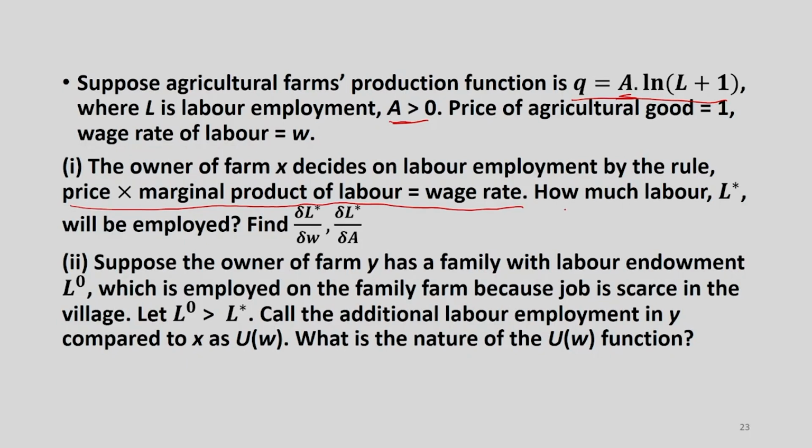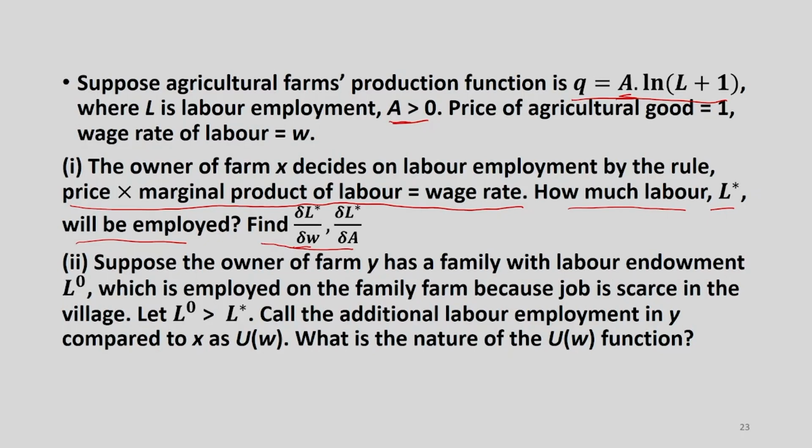We have to find out how much labor, let us call that L star, will be employed, and furthermore we have to find out del L star del W and del L star del A. These are partial derivatives of L star with respect to W and A. Those things we have to estimate. This is the first part.